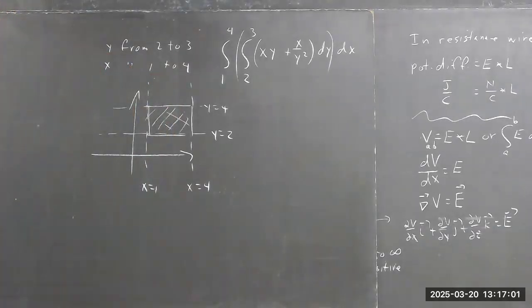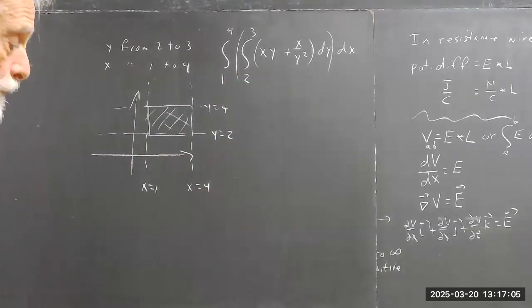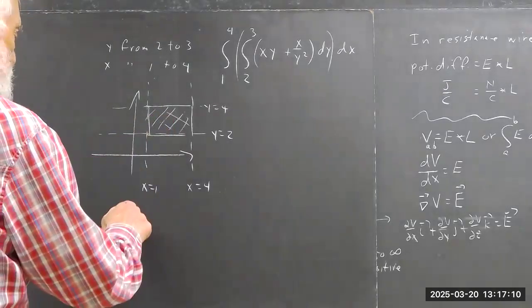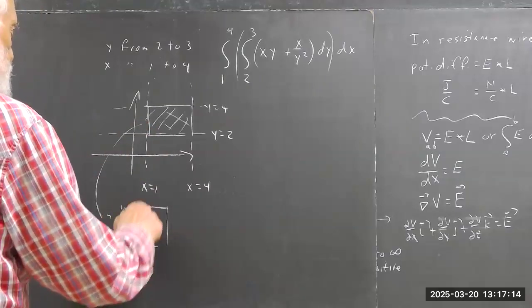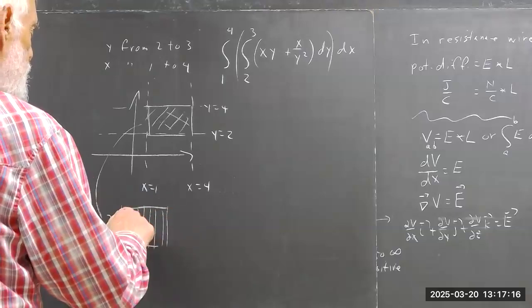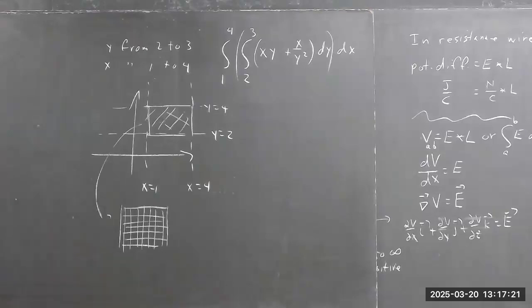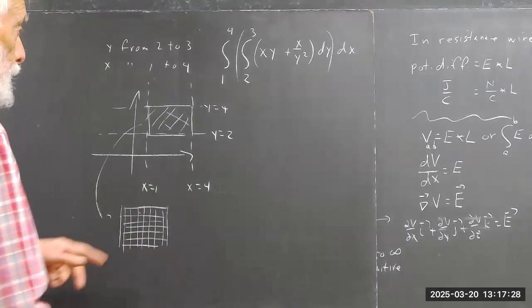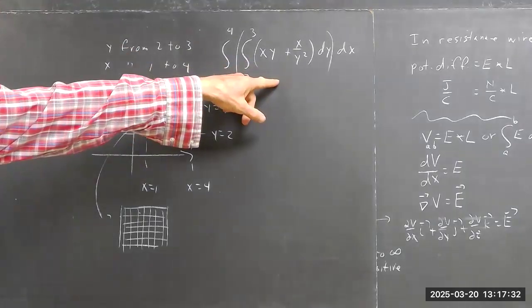Now, we could estimate this integral. We could divide this rectangle up, let's assume this is the same rectangle, into a bunch of smaller rectangles, and put a number in each one of these that corresponds to the value of this function.